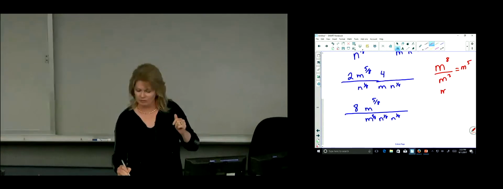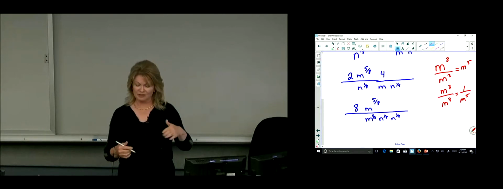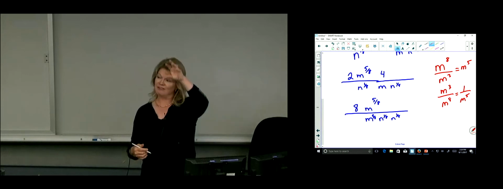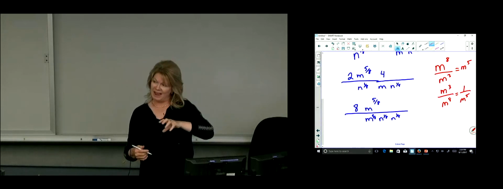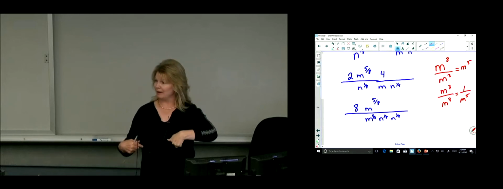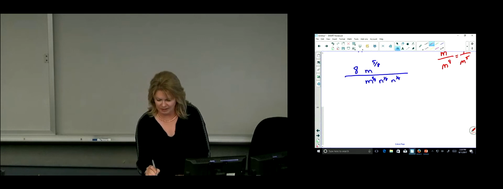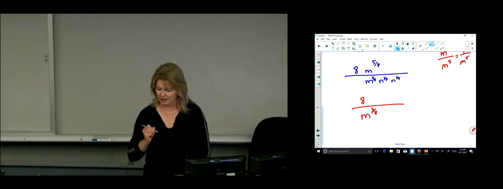But if it was m to the 3rd over m to the 8th, I would have 5 of them left on the bottom. Same scenario here. I have 5 eighths on top, 8 eighths on the bottom, so I have 3 eighths left, but it's left on the bottom because I have more. So this is going to be 8 m to the 3/8 on the bottom.